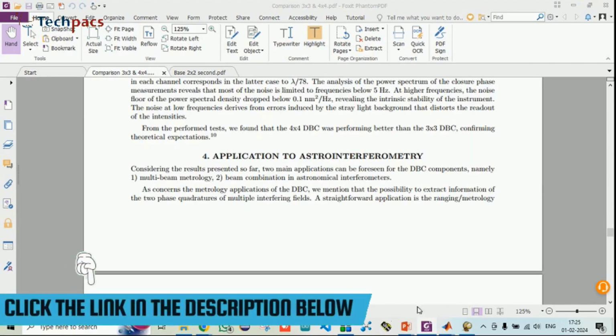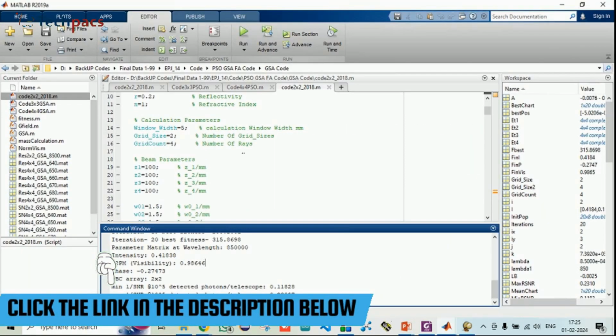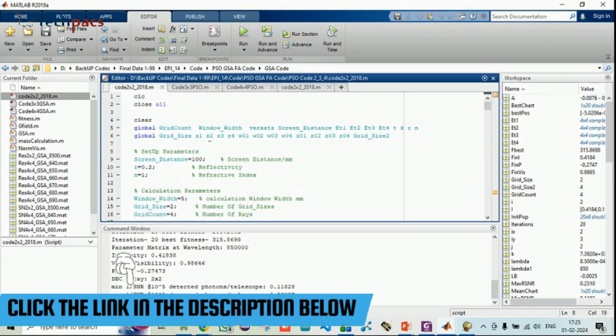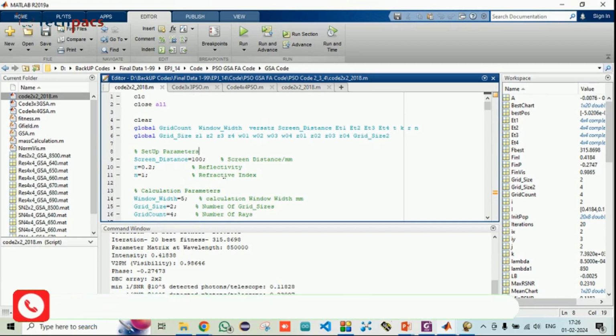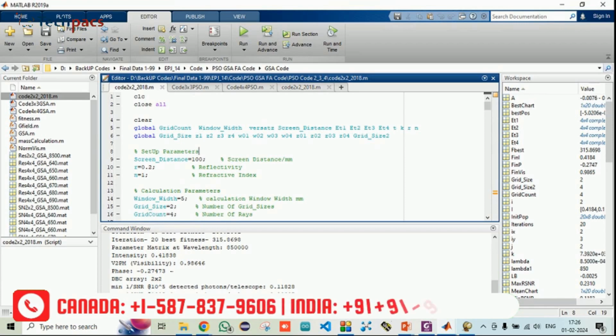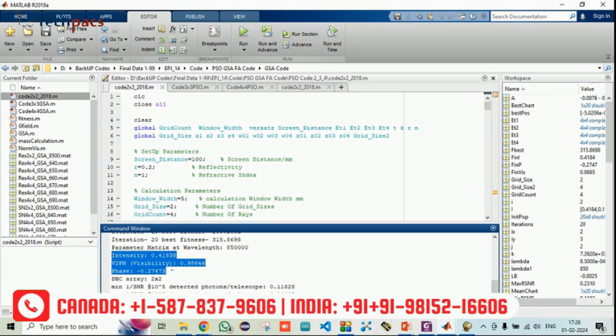When we implemented that, we found it achieves good outcomes and fulfills the requirements of our system.